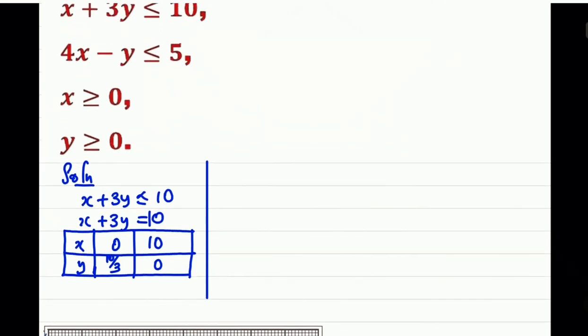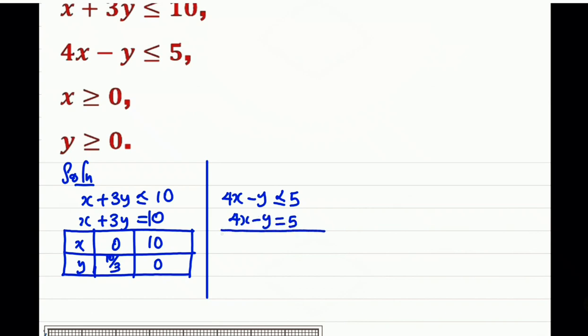The second constraint we have is 4x minus y less than or equal to 5. Then we write it as an equation, 4x minus y equals 5.